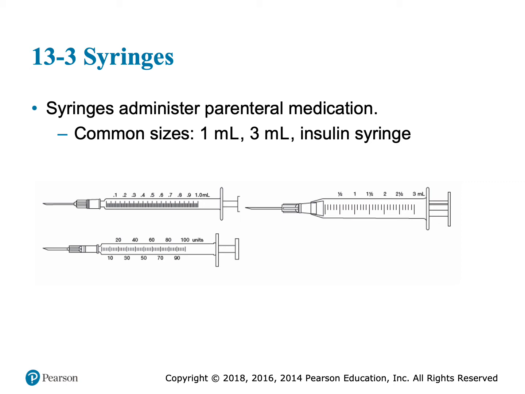Now the 3 ml syringe, that's the one on our right in this image, it is measured in tenths, and it's used when the injection is less than 3 mLs or greater than 1 ml.